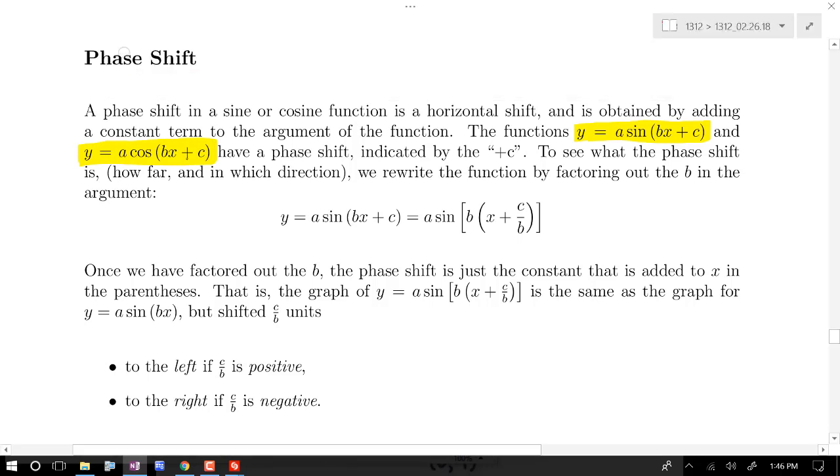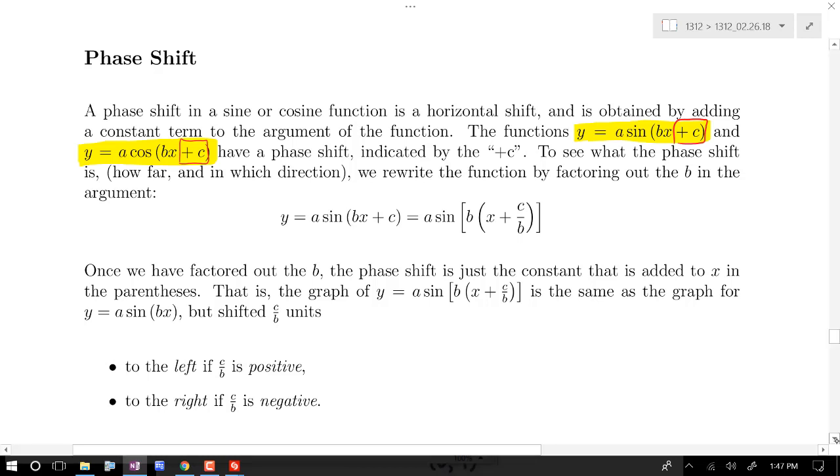It's this plus c part inside the parentheses that tells us we're going to have a phase shift. We have to be careful because that value c is not the phase shift itself. We have a little bit of work to do to figure out what that shift is going to be, but it's how we know there will be one.